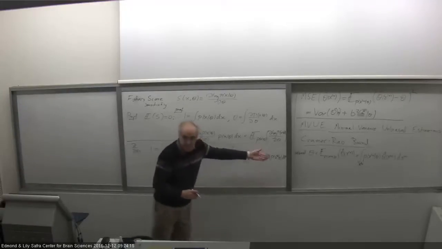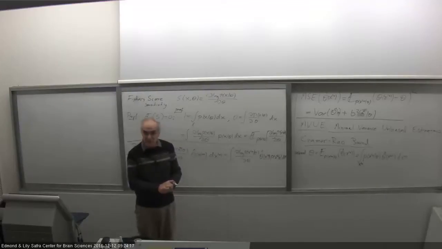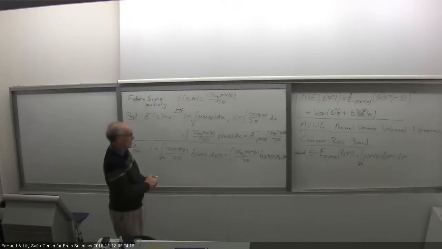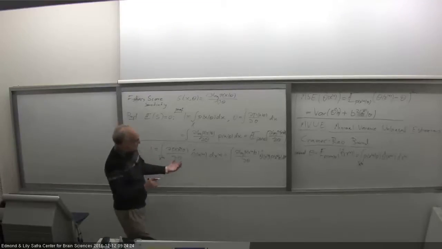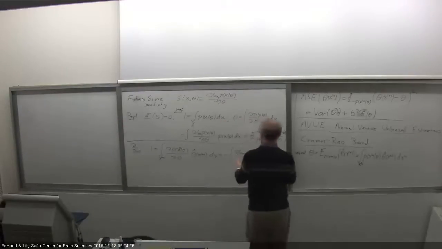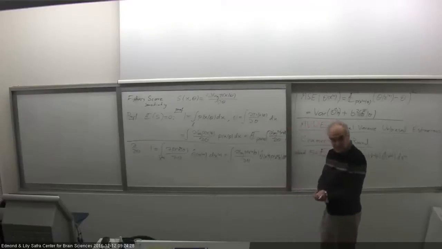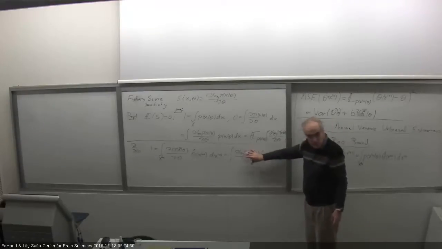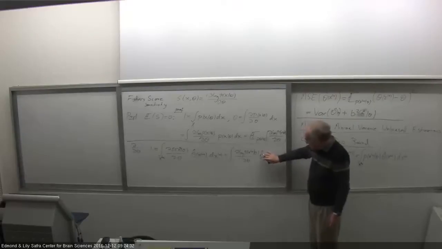The logarithmic derivative is allowing me to move it into an expectation. So I see that 1 equals an expectation of a product of two things. One is the score, this Fisher score, and the other one is the estimate.